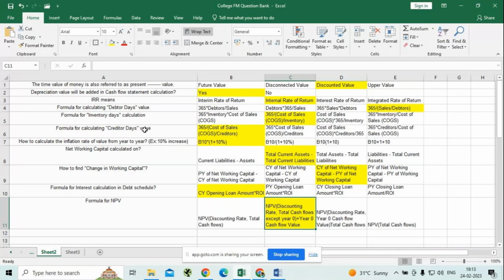Then, depreciation value will be added in the cash flow statement calculation. Is it true or false? The answer is yes. Why? Because the depreciation value will be reduced in one of the financial statements. So at least for this, can you try to give me the answer?